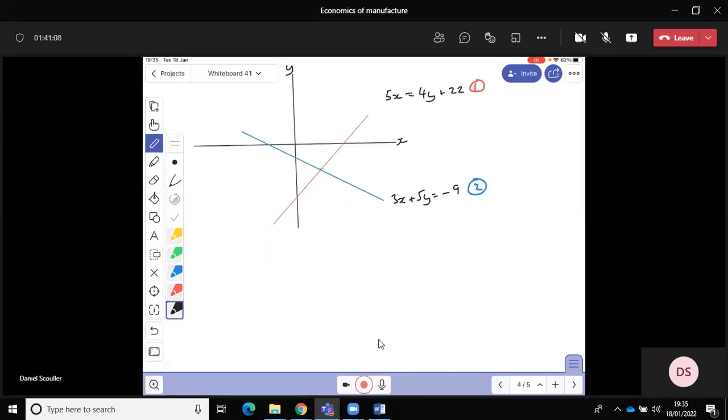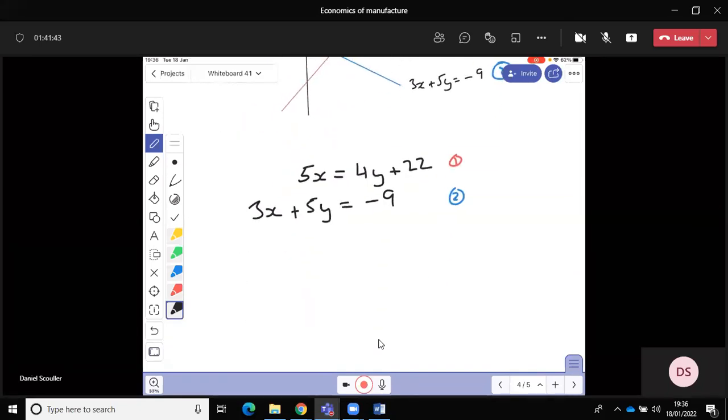So equation 1 is given as 5x equals 4y plus 22. Equation 2, they've given it 3x plus 5y equals -9. The first thing we want to do is tidy up equation number 1 to bring all the letters over to the left-hand side.